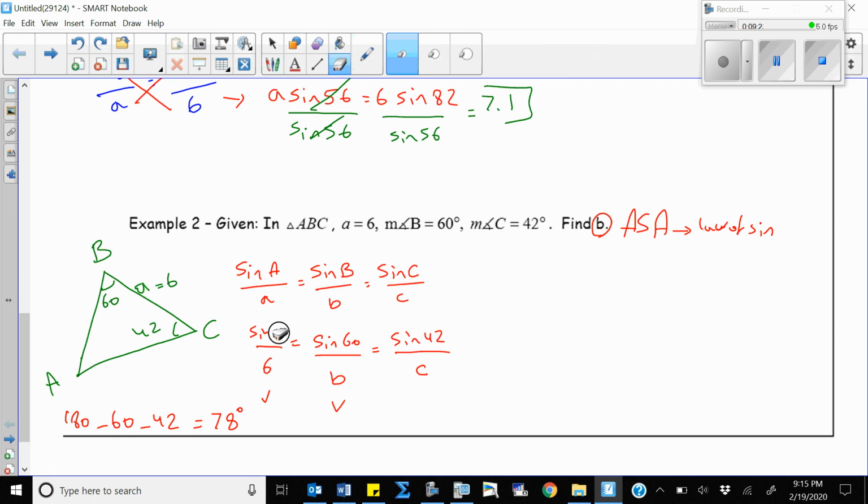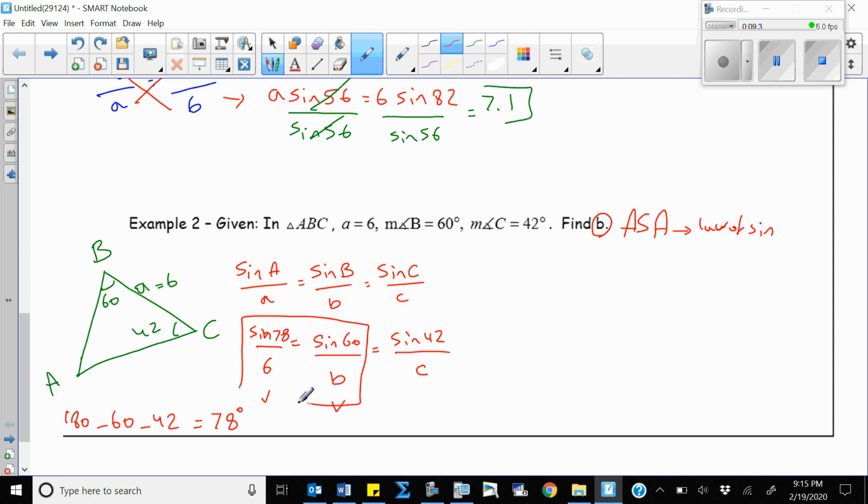I'm going to replace that here. Sine of 78. Now I'm going to use this part of the equation to solve for B. So I cross multiply, then B times sine of 78 is equal to 6 times sine of 60.